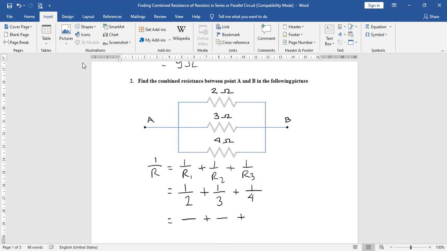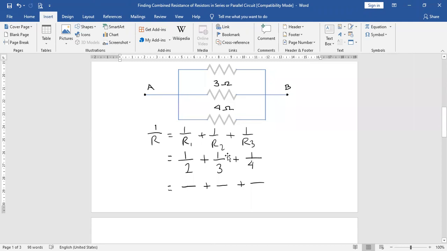You make all the denominators equal. So in here, the denominator will be 12, because it is the least common multiple.